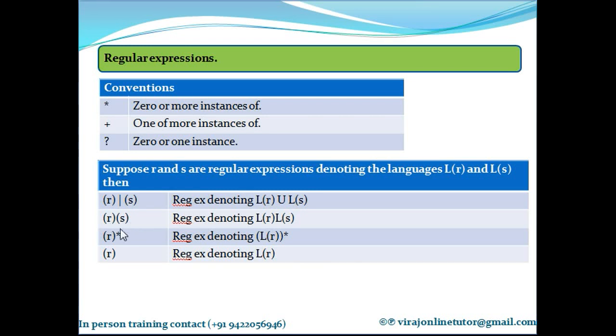When I have concatenation, regular expression R to which you concatenate S, the language I am expecting from the target expression is LR followed by LS, because the order is important. I want R, and to that you concatenate S. That means the language generated by the target expression is LR concatenated with LS. The next example is R asterisk.